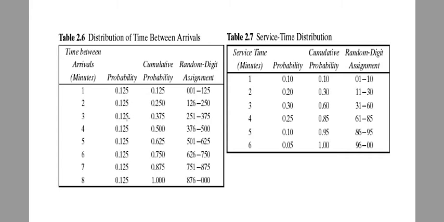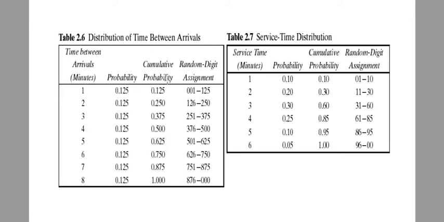Then 0.250 plus 0.125 is 0.375. Like that, it will end up at 1, because we know that the sum of all the possible outcomes is 1. That is the law of probability. So if we sum up all the probabilities, it will be 1.